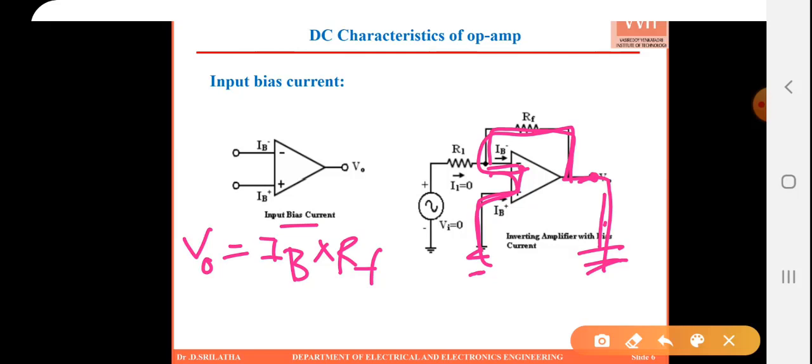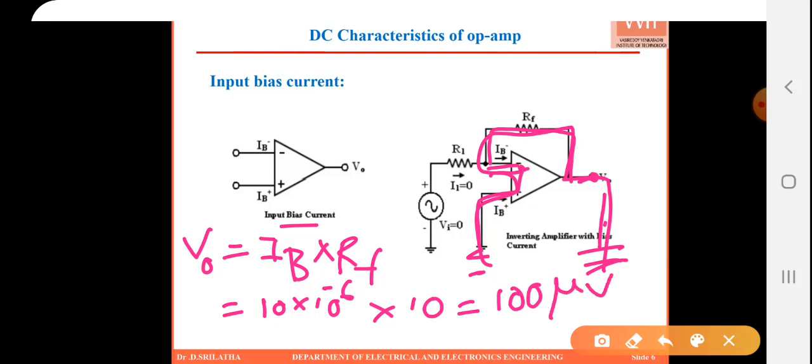Because of this little magnitude of bias current, some voltage appears. For example, if it is 10 nanoamperes or 10 microamperes of current into, say, 10 ohms, then what will happen? 100 microvolts will appear at the output terminal.